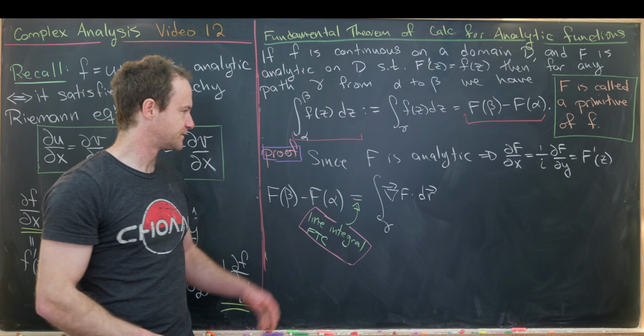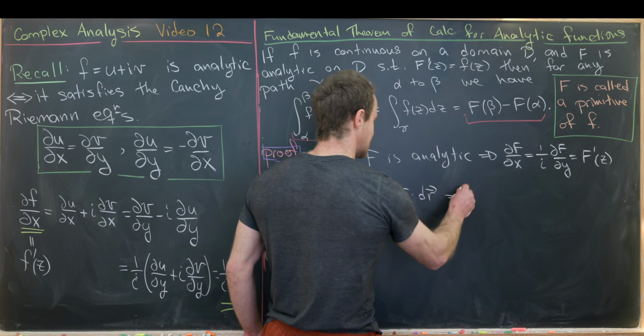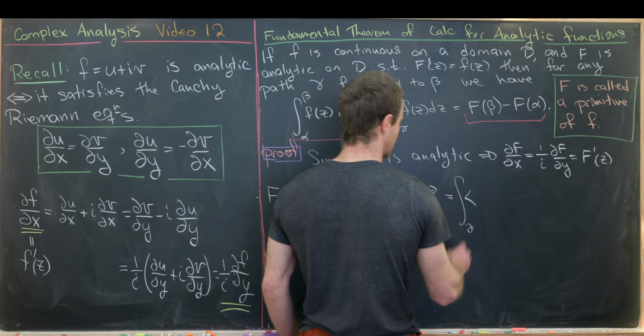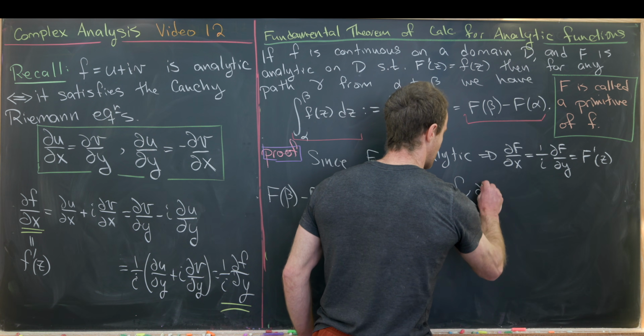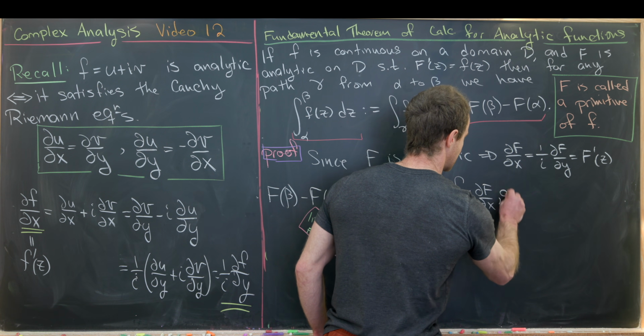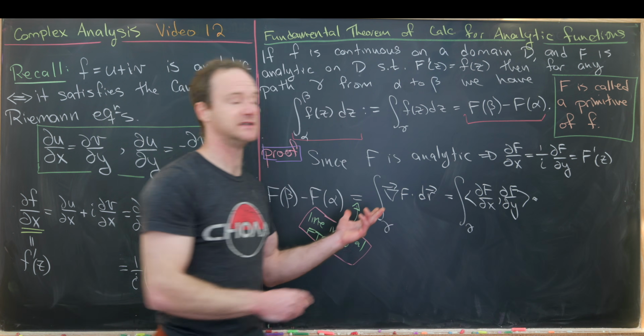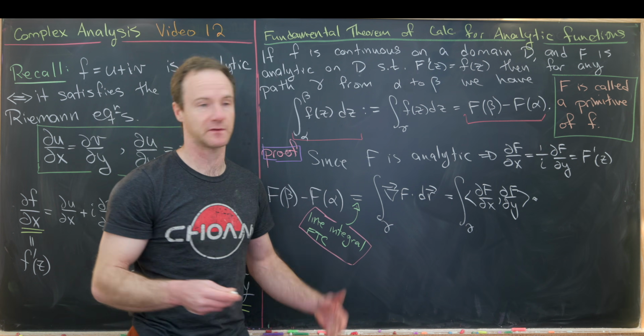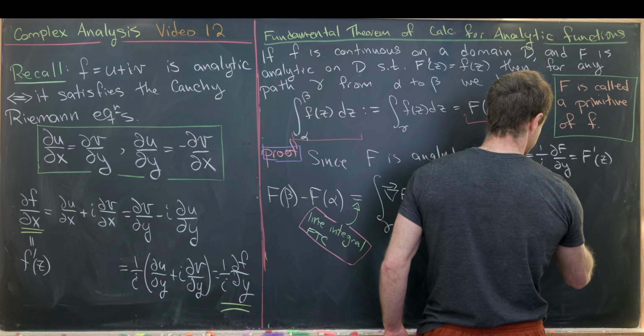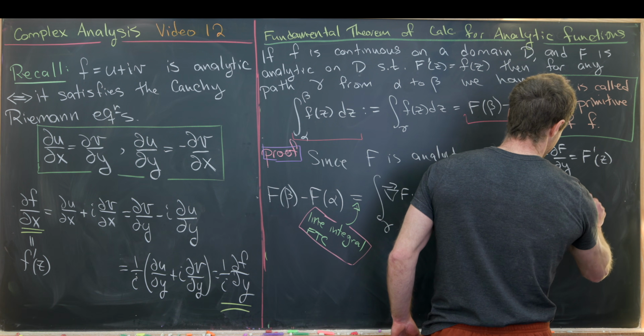Okay, nice. But the gradient of F is exactly equal to the vector formed by the partial of F with respect to x and the partial of F with respect to y. And then dot dr is the standard notation from multivariable calculus for the vector made up of these infinitesimals dx, dy.